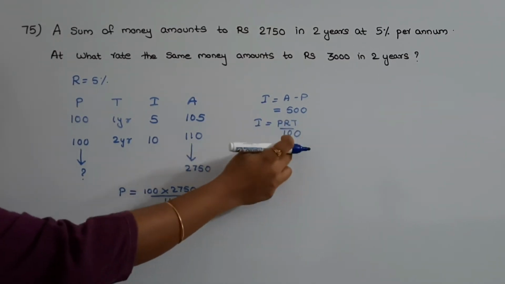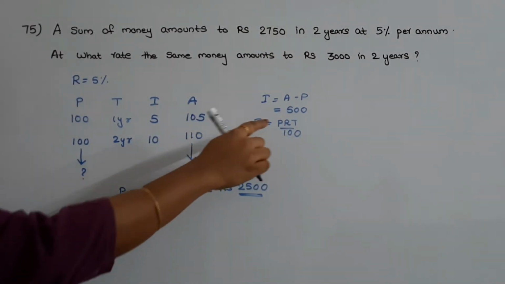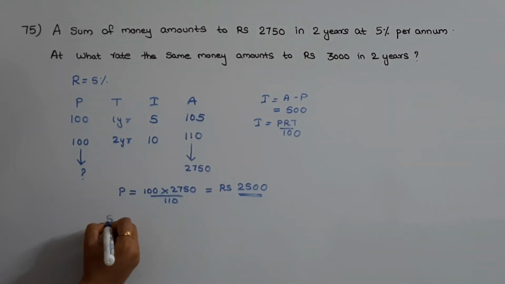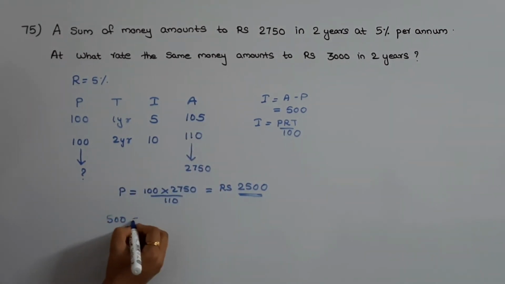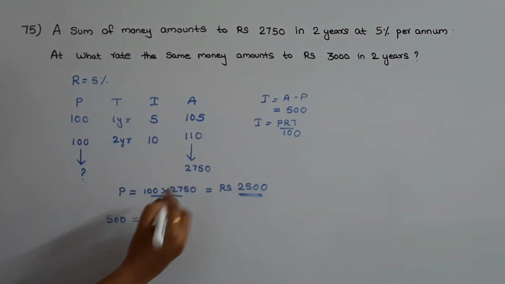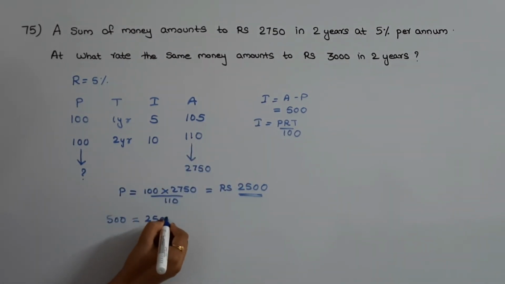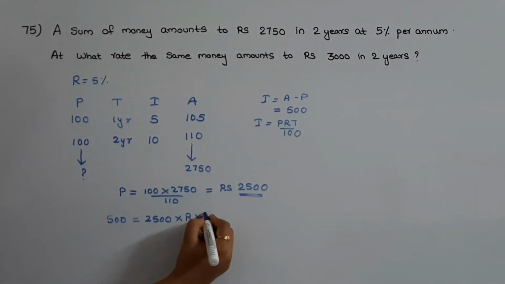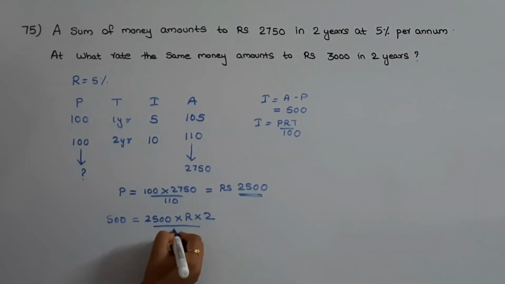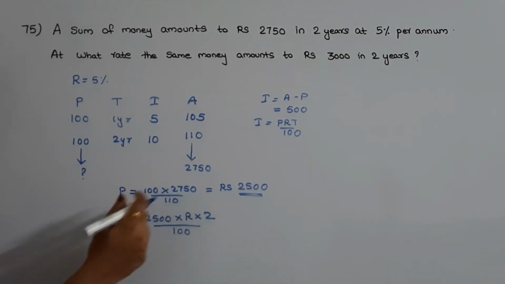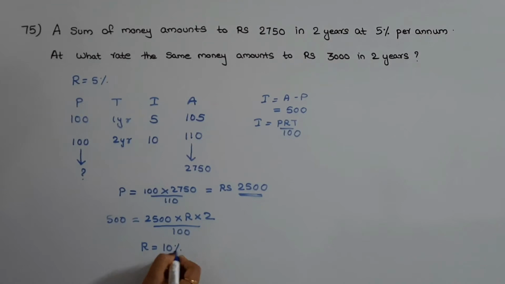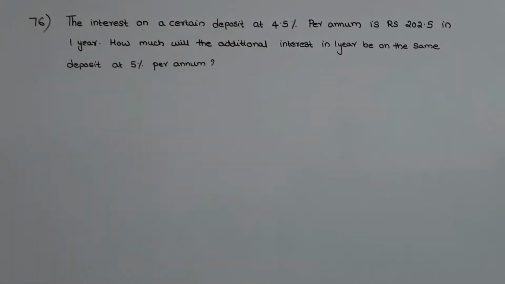Now on substituting all these values in this equation, you will get the value for the rate of interest. So interest is rupees 500 and that is equal to principal is 2500 into R, we need to find out, and the time period is given as 2 years, by 100. So by solving this, you will get the rate of interest as 10%. So this is the answer.